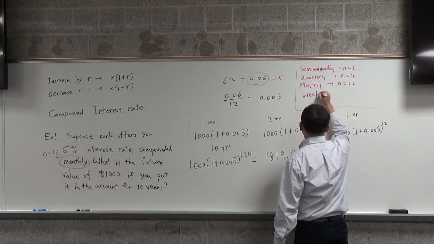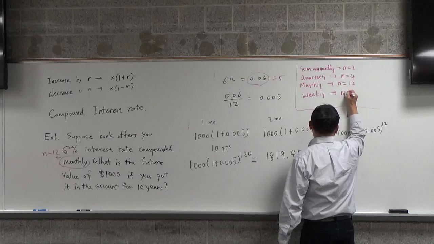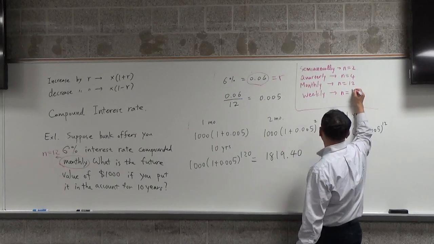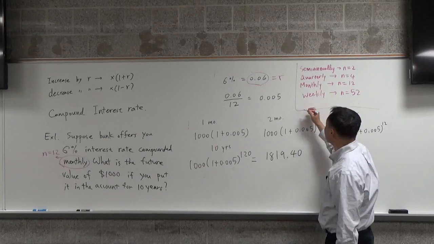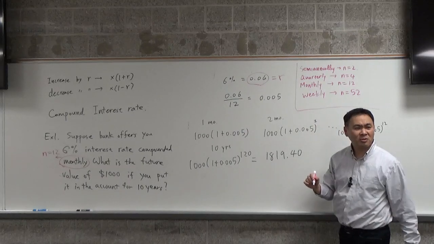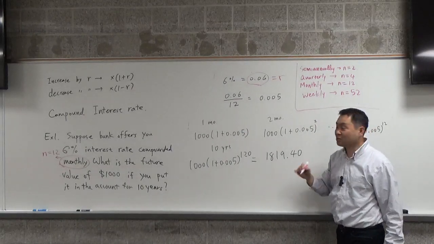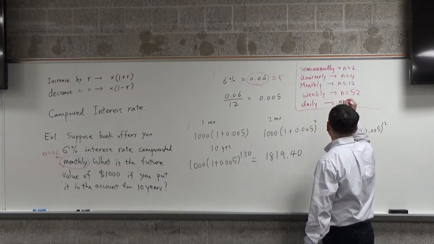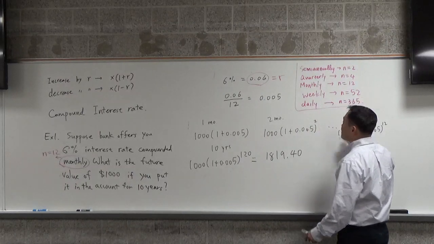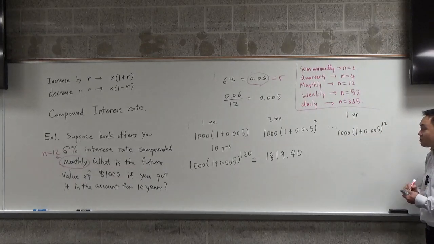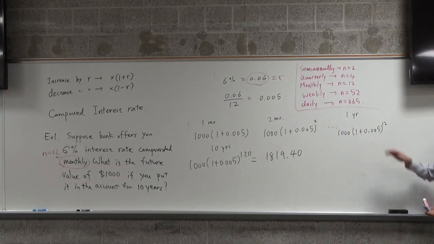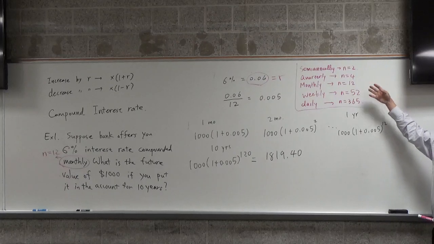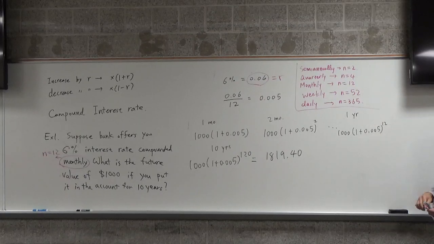Weekly, that would be N equals 52 weeks per year, right? Is that right? 52 weeks? And then daily will be N equals 365. Okay? So those are different values of N. And of course, the more often you apply the interest rate, it will be better.